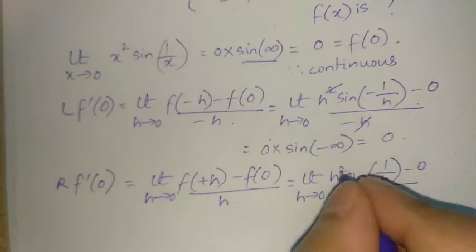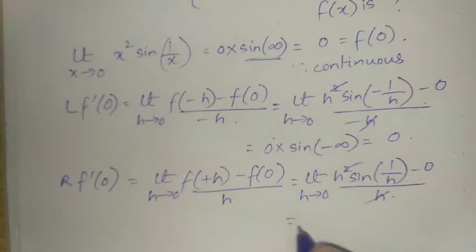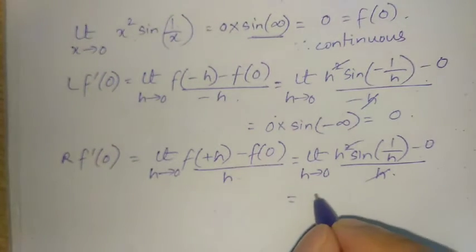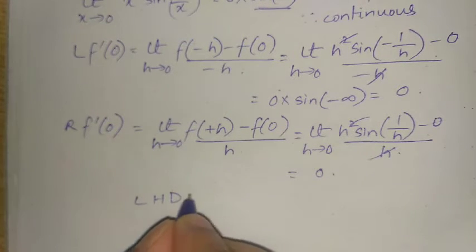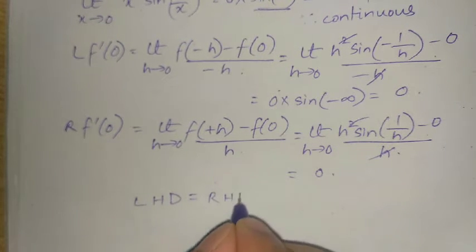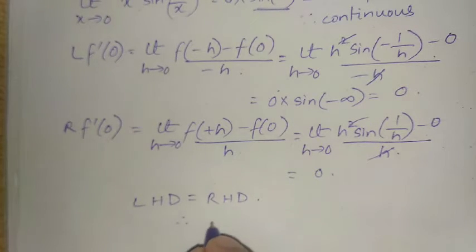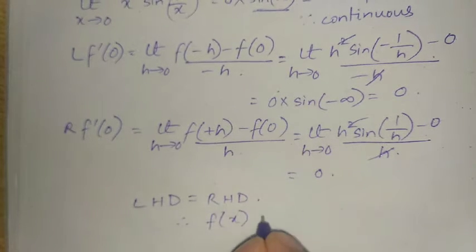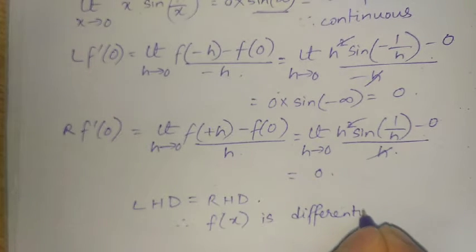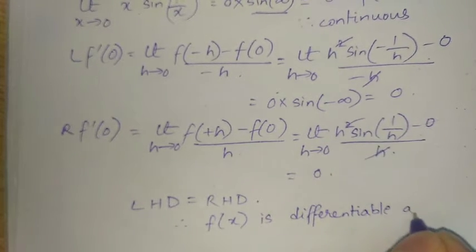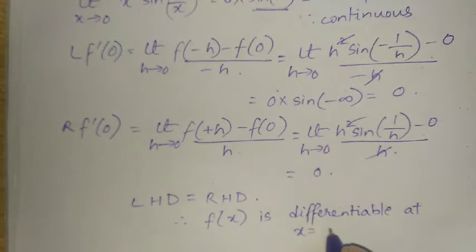So this will get cancelled and finally you will have the answer equal to 0. So left hand derivative is equal to right hand derivative, therefore f of x is differentiable at x equal to 0.